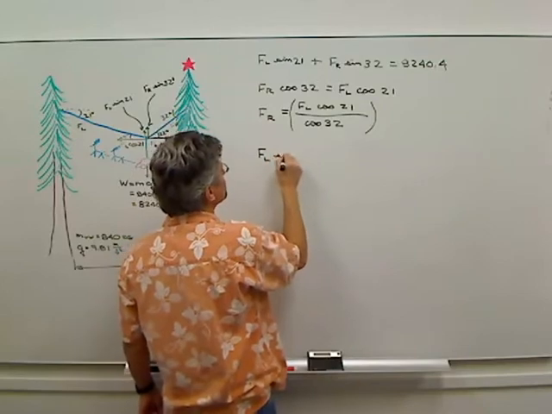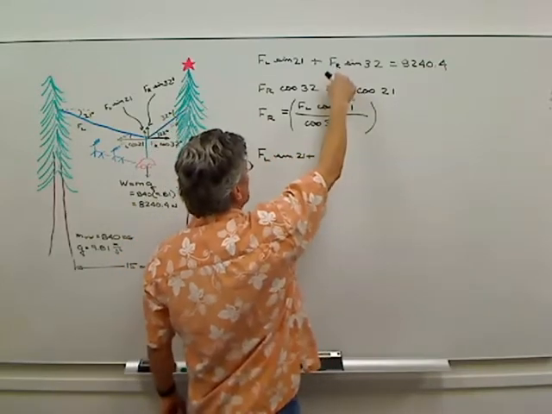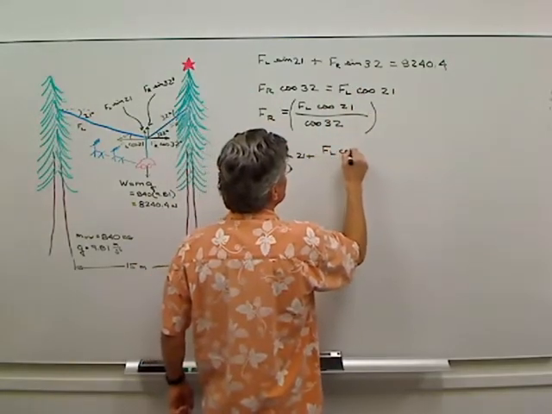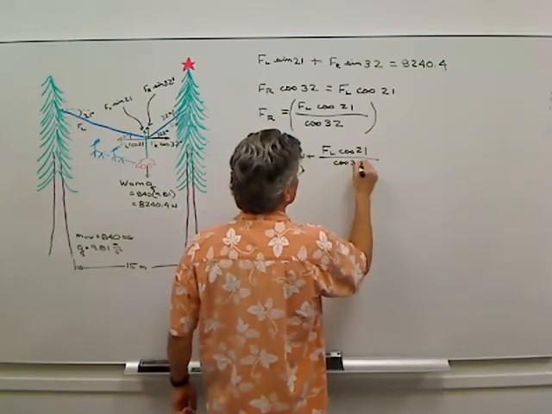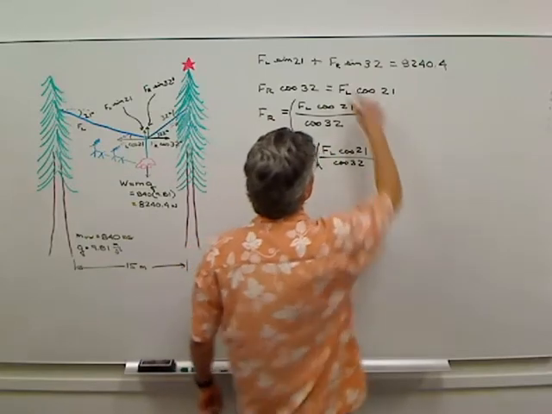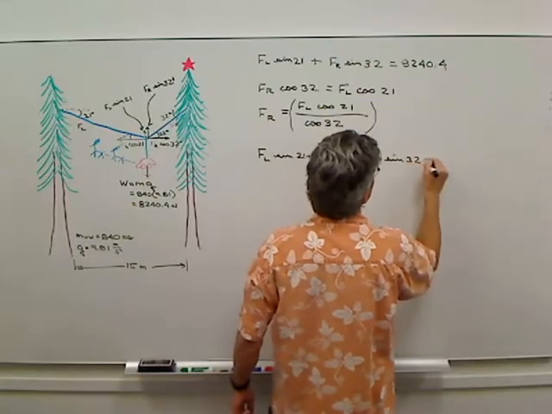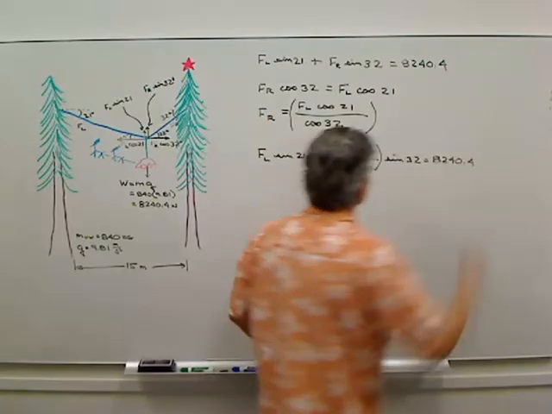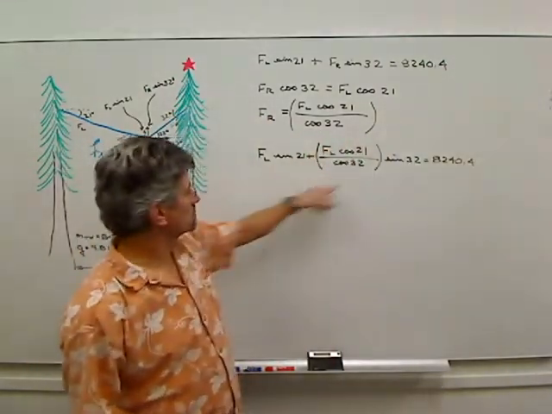F sub L sine 21 plus F sub R, which is now equal to this, so that's F sub R times sine of 32 equals 8240.4.